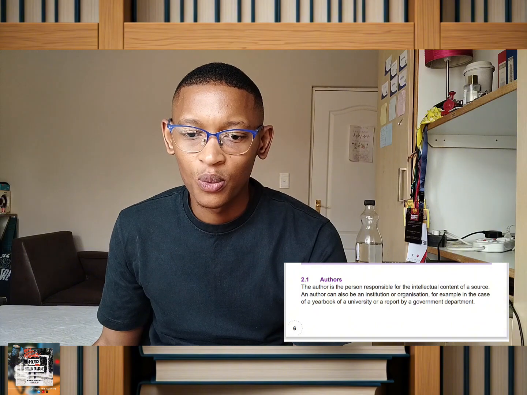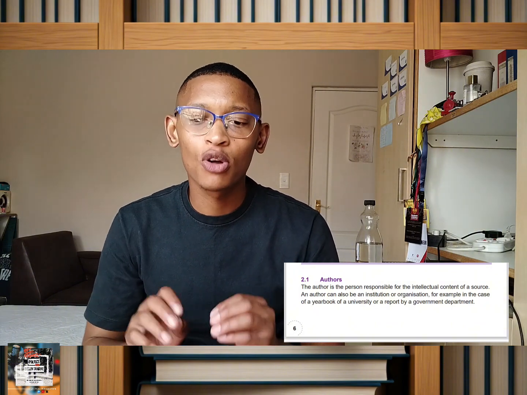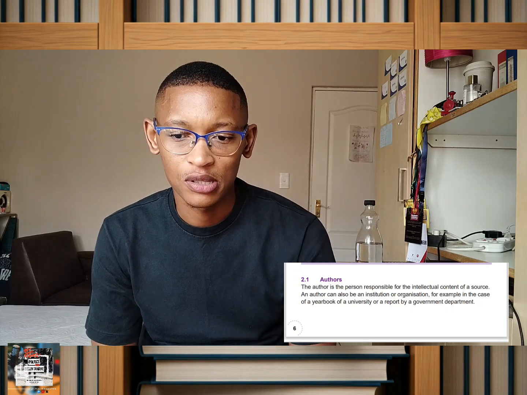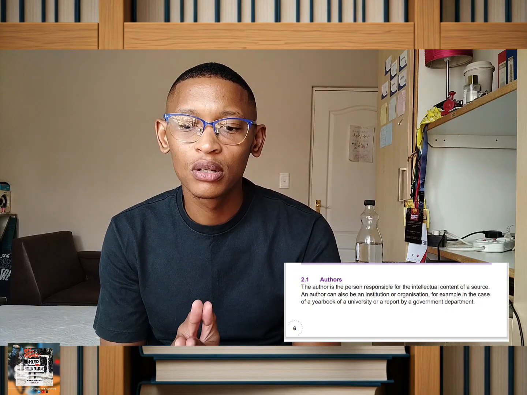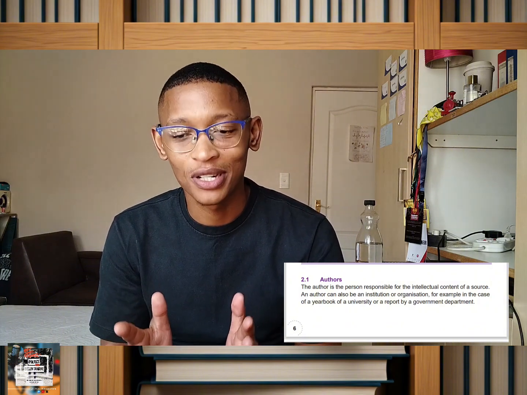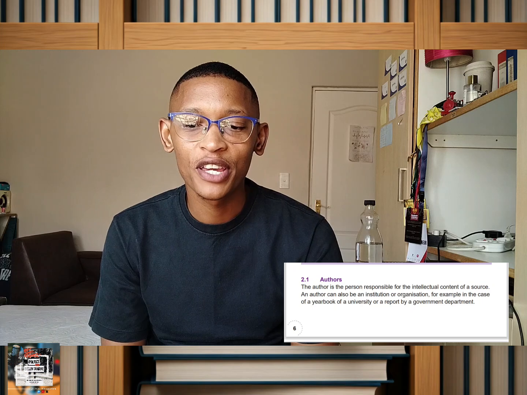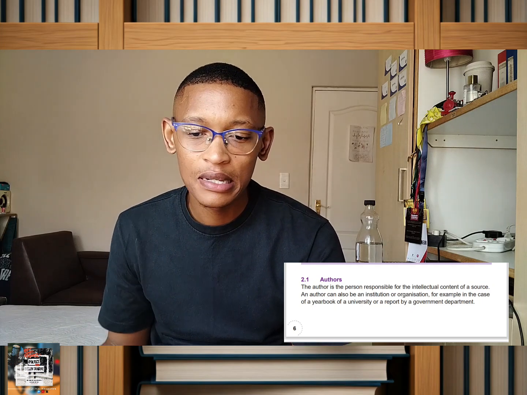So 2.1 speaks about the authors, which says that the author is a person responsible for the intellectual content of a source. An author can also be an institution, for example, in the case of a yearbook of a university or a report by a government department.